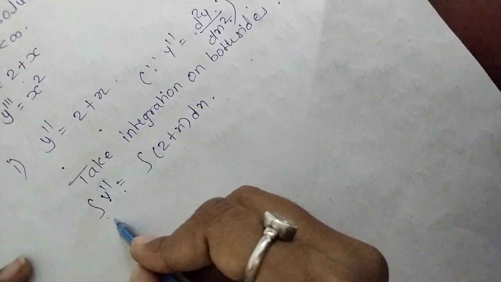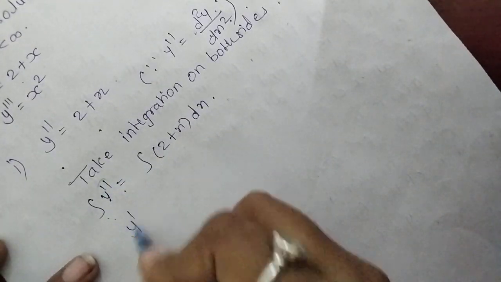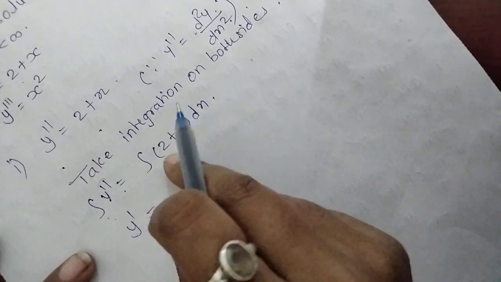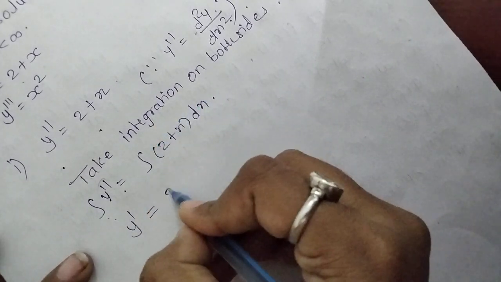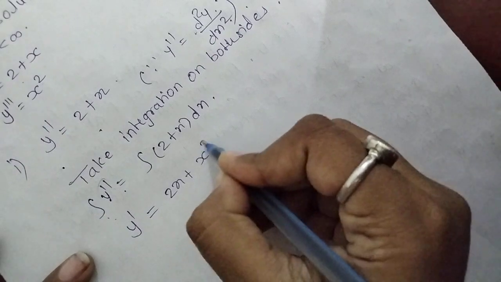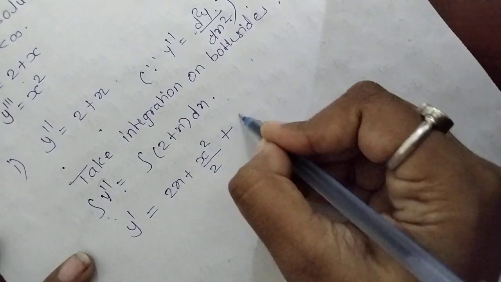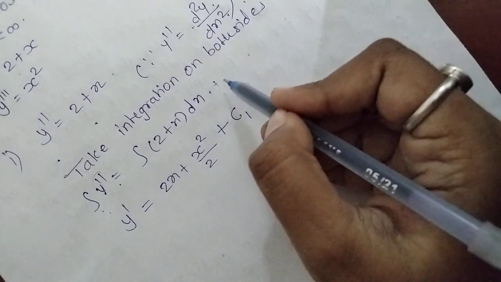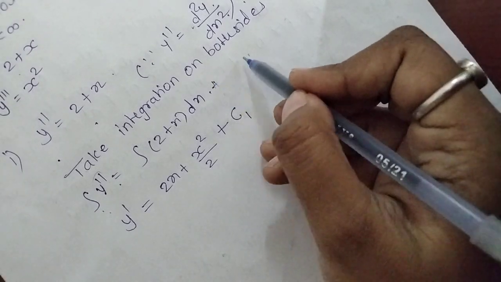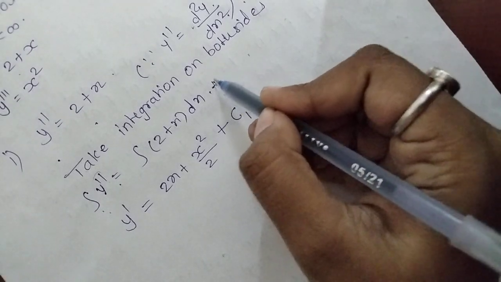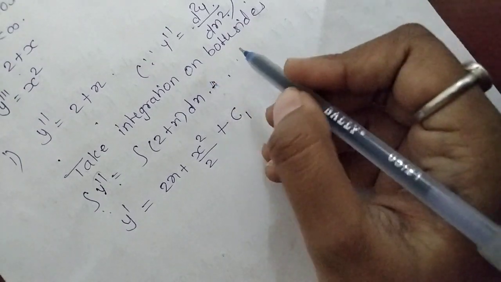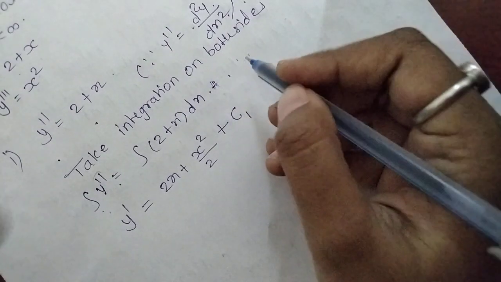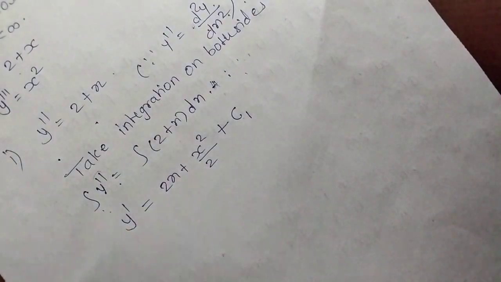So the integration of y double dash is nothing but y dash, which is equal to integration of 2 plus x, that is 2x plus x square upon 2 plus c1, because here there is no term, means only 0 exists. So integration of 0 is nothing but some constant number.